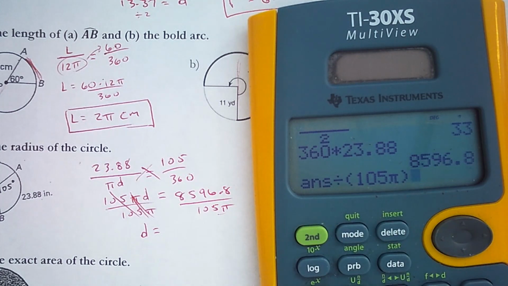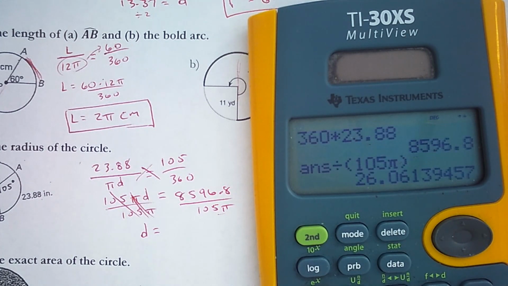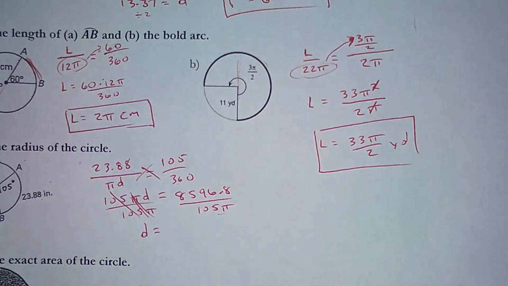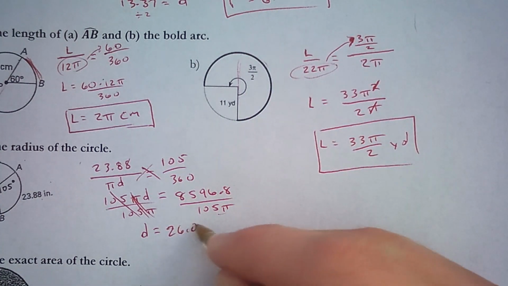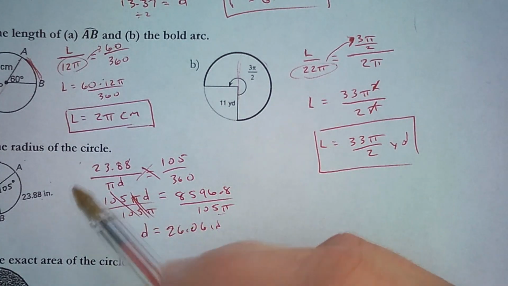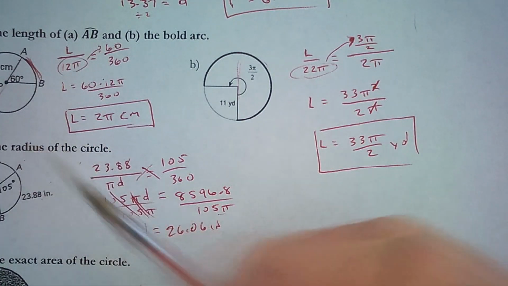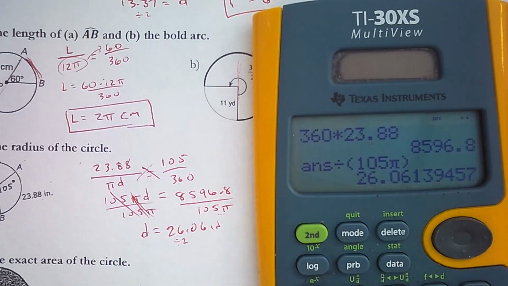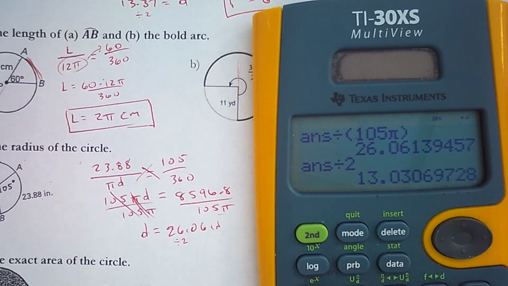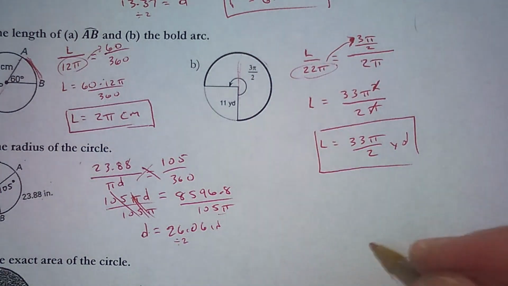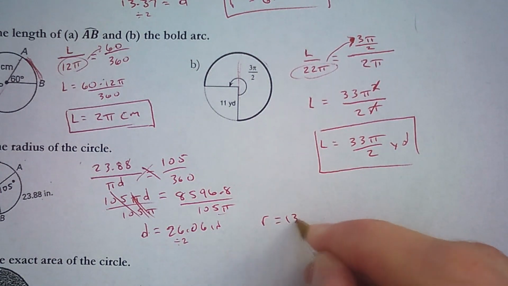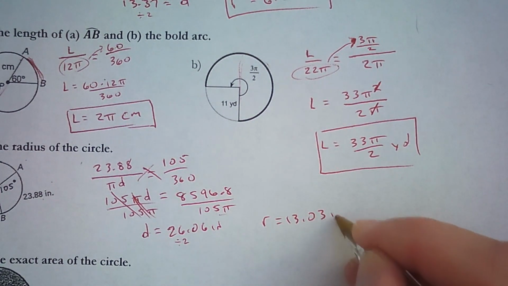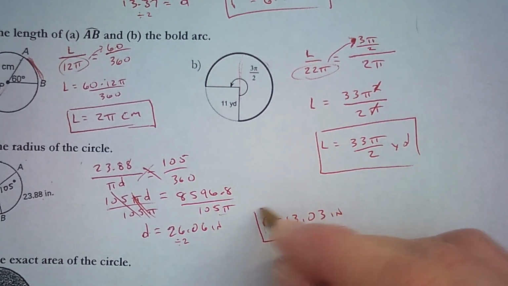So be careful to make sure you use those parentheses. And I get 26.06 inches. Now that is the diameter, but I want the radius. Divide that by 2. And I have 13.03. So my radius is 13.03 inches.